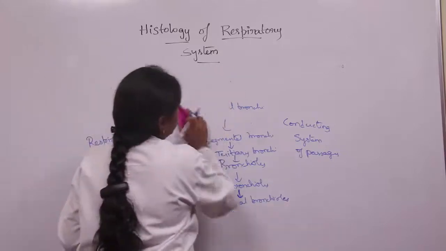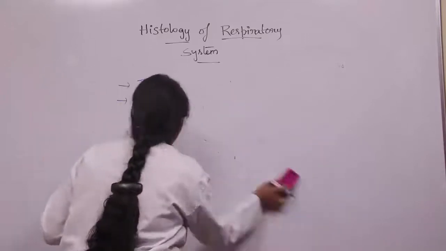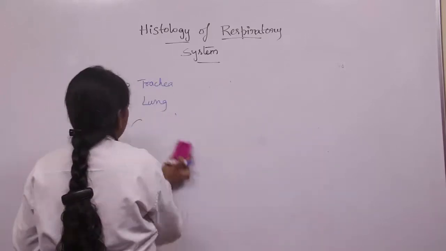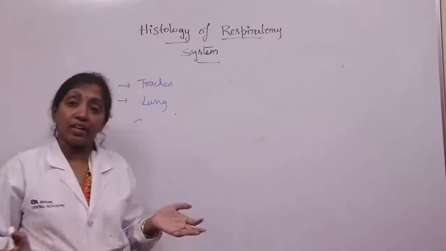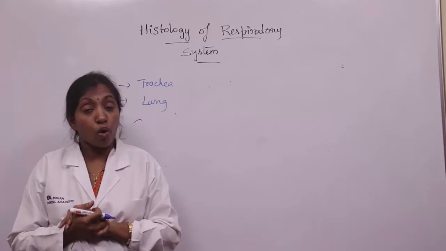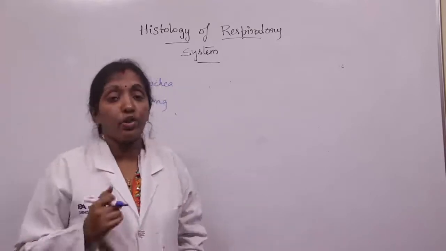Coming to the lung slide. We know that the trachea divides into principal bronchi, and the principal bronchi divide into numerous bronchi or bronchioles. So what happens here is, what is the epithelium in trachea? It is the pseudostratified ciliated columnar epithelium.